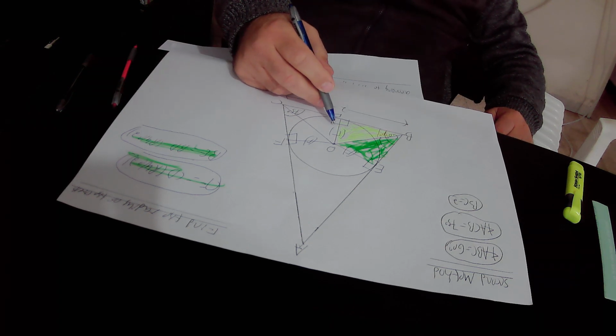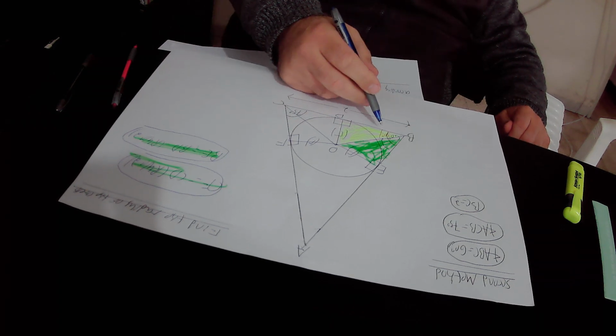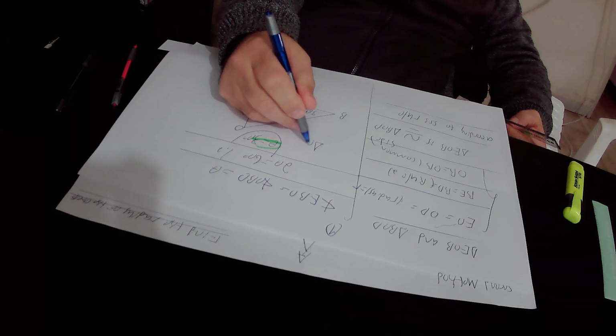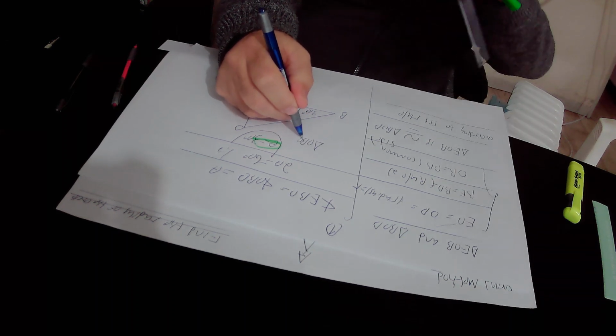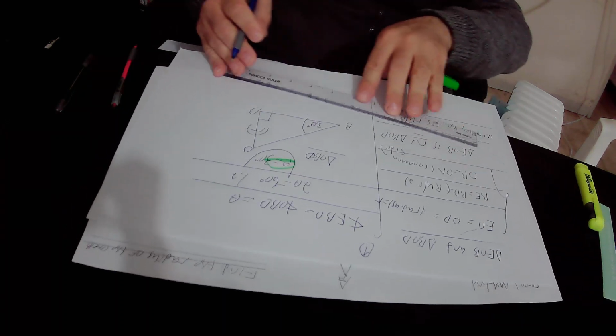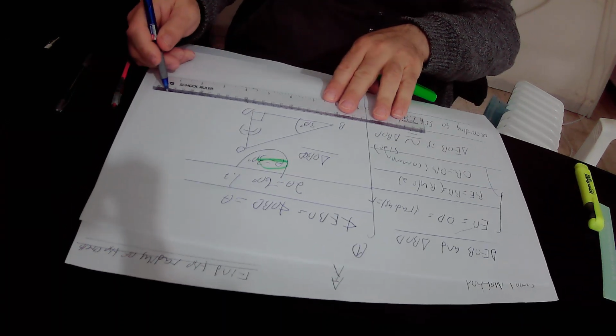OD equals R, the radius of the circle, and this angle OBD equals 30 degrees. This is the right yellow triangle OBD that I copied from the original drawing.